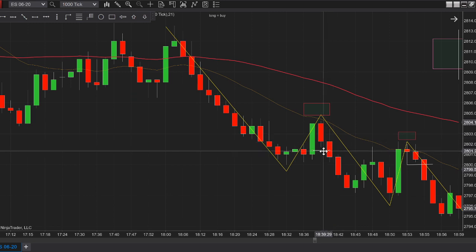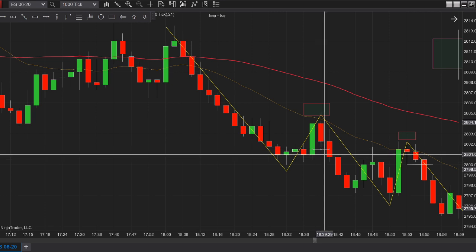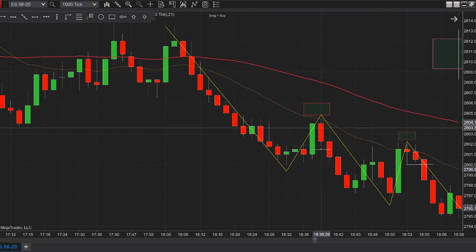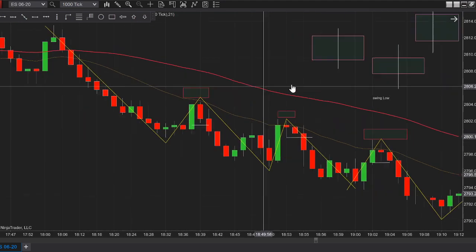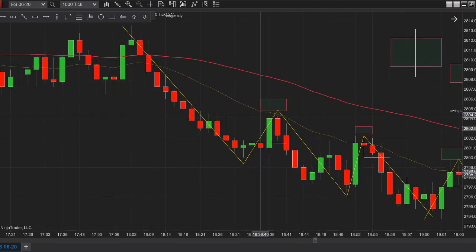Now, another thing that I also want to talk about is how we exit a trade. Exiting means how do we know that we have lost the trade? We need a plan to exit our trade if it goes against us, and we exit the trade basically at the high of the pivot.